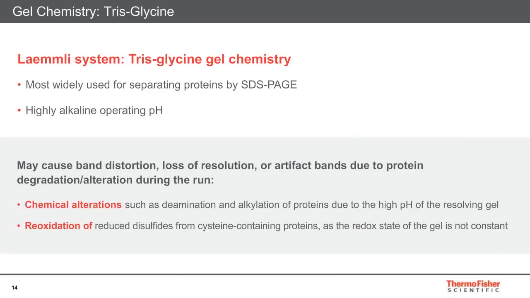Therefore, this area experiences disproportionately high current during transfer, which causes the blow-through effect. The Tricine gel provides separation of the smaller molecular weight proteins closer to the middle of the gel, thereby preventing the blow-through effect to a much greater extent, which increases the transfer efficiency.